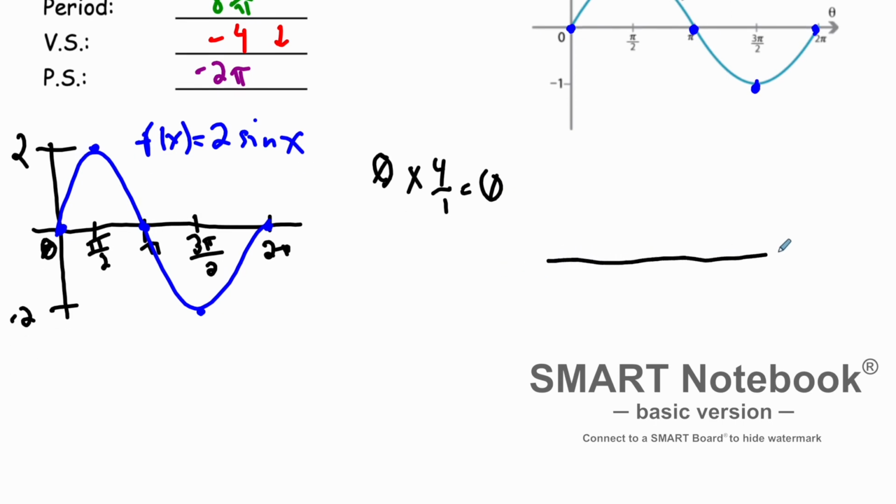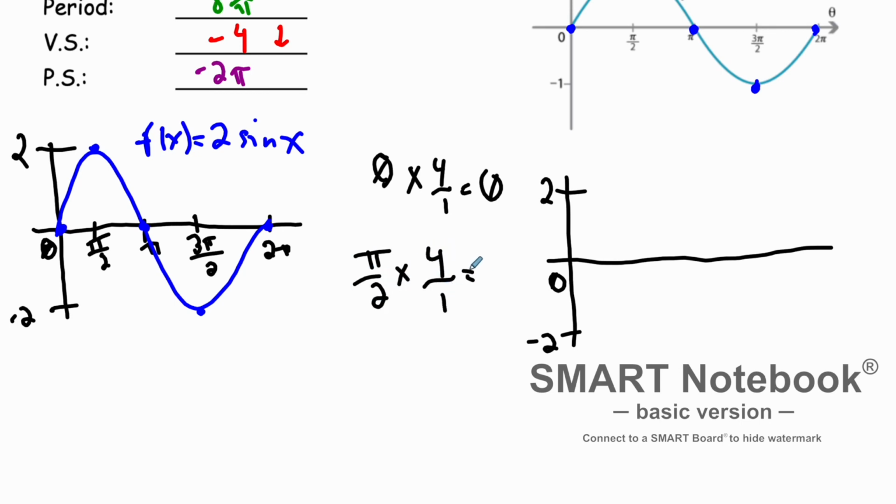All right, so let's do our first part here. Still 2 to negative 2. Okay, that's from the last graph. That's not changing. So the first point is 0. Next point, pi over 2. I'll do one more of these. Times 4. What does this give you? Hopefully you said 2 pi.